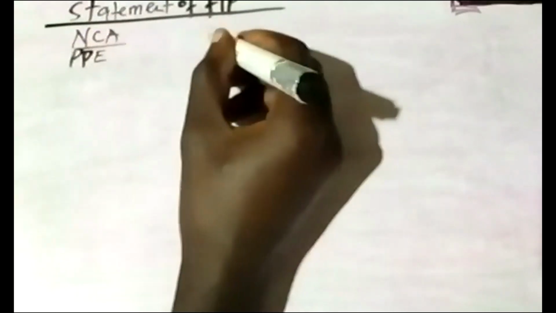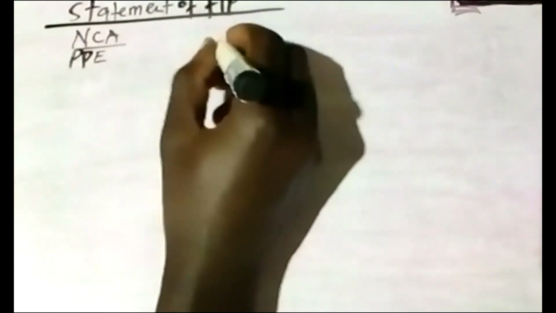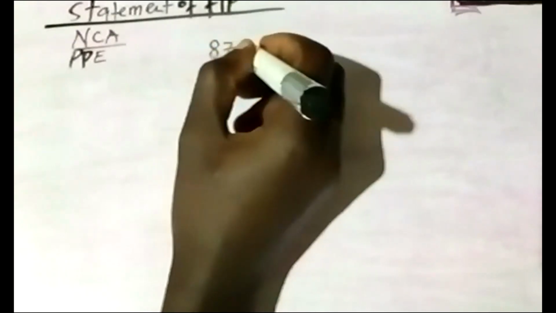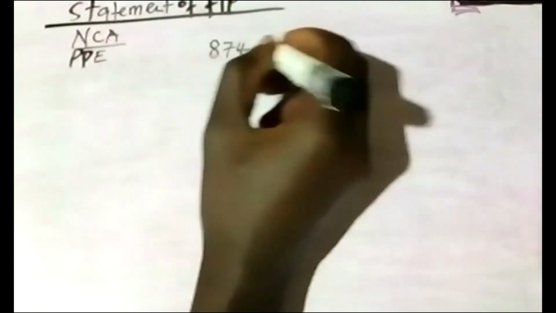I'm not writing a lot of things, but what I'm doing is the statement of financial position, of which I start from non-current assets. So non-current assets is the PPE which we have already recorded, which is 874.5.